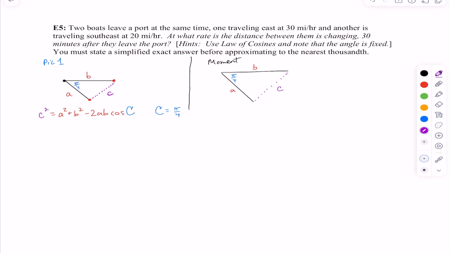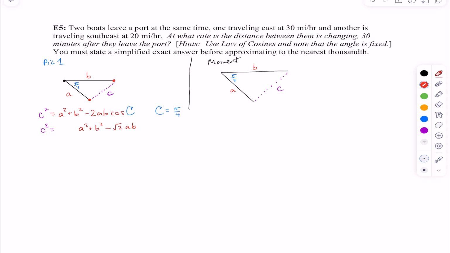That simplifies our relationship to this, and that's because cosine of pi over 4 is in fact equal to root 2 over 2.